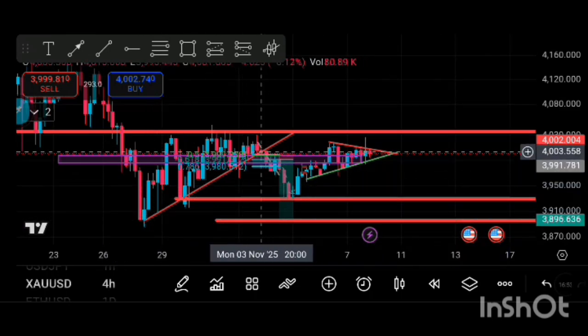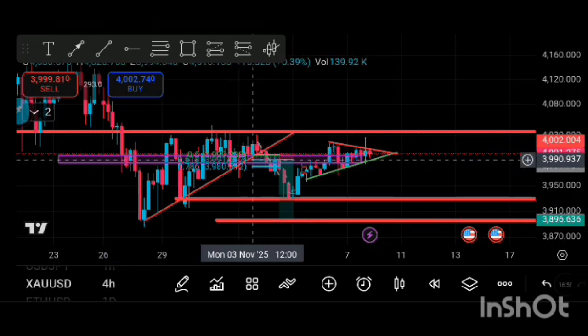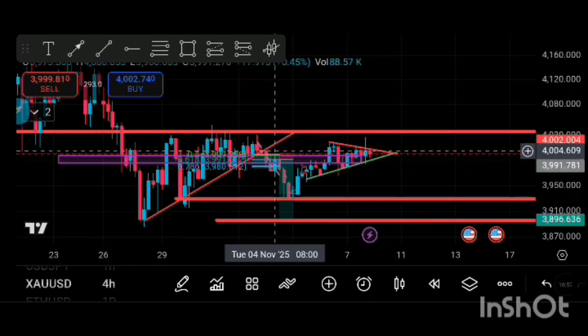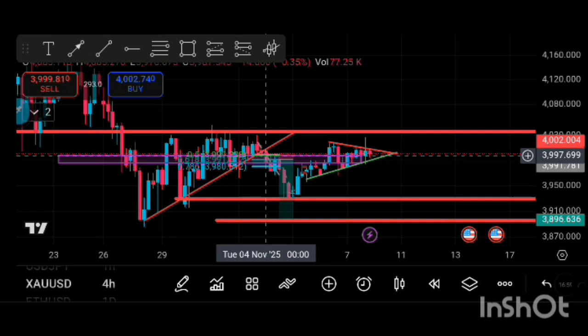So on the 4 hour we just look for when that trend line breaks with a closure, which tells us that we could be looking for sells. So that's what happened on gold, understand?